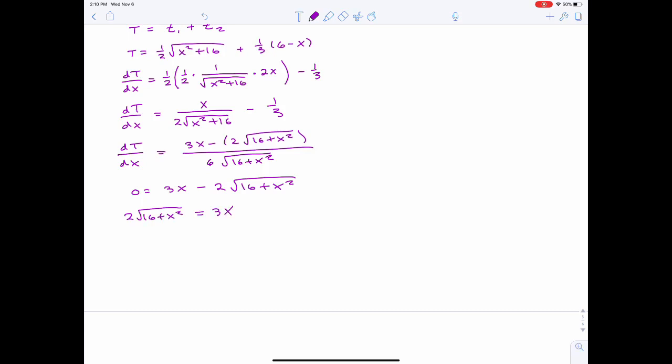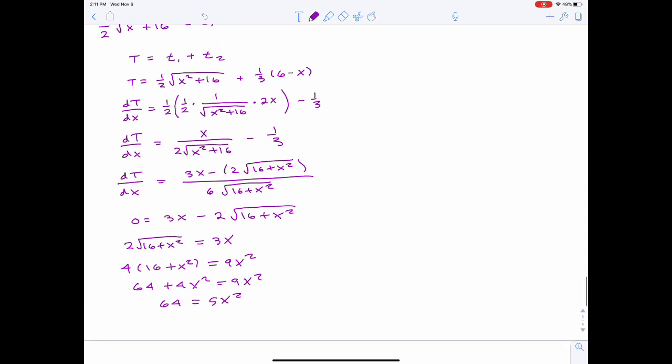I'm going to square both sides. So I get 4 times 16 plus x squared equals 9x squared. So that becomes 64 plus 4x squared equals 9x squared. So 64 equals 5x squared.